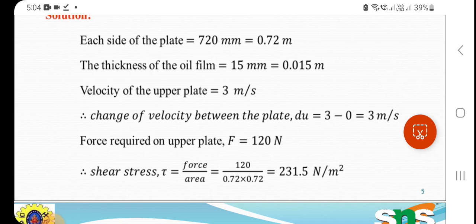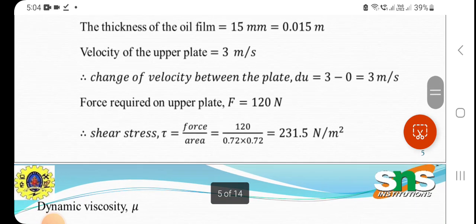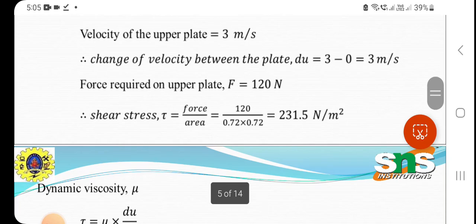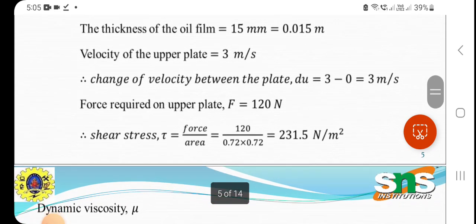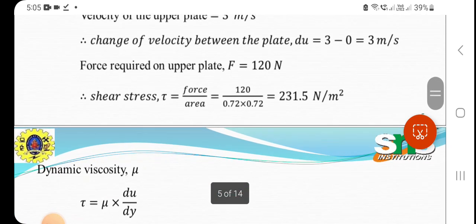The force required on upper plate, or shear force, is 120 Newton. So therefore, shear stress is equal to force by area. Force is already given, 120. It is a square plate, so the area is 0.72 into 0.72. If you calculate shear stress, it is 231.5 Newton per meter square.